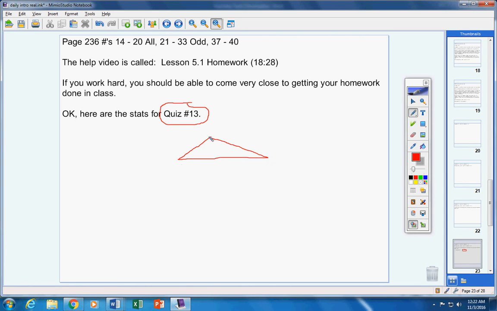I told you I'd give you a triangle with sides and you'd tell me the angles from largest to smallest or smallest to largest. I told you I'd give you a triangle with angles and you would tell me the sides from smallest to largest or largest to smallest. And I told you I'd give you three sides and you would say yes, it's a triangle, or no, it's not, and tell me why. I told you all three problems.